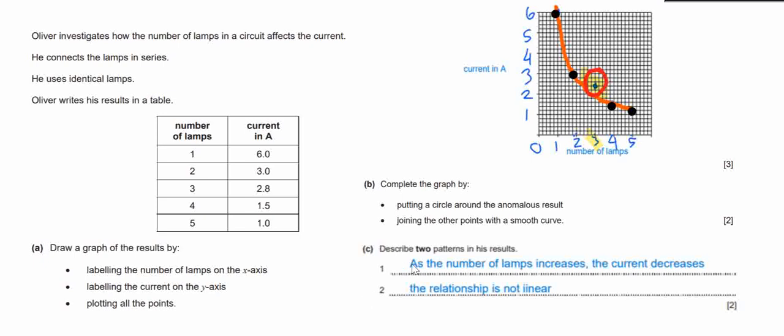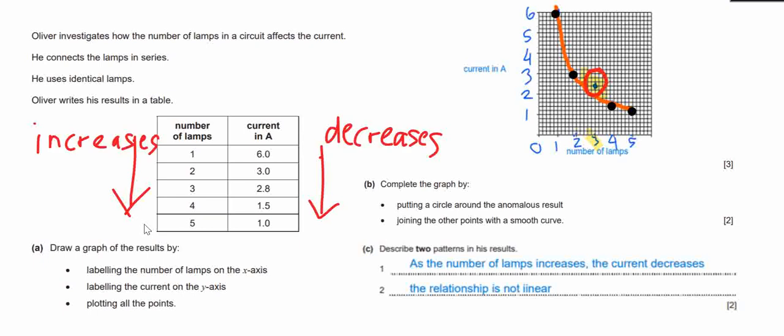Question C, describe the two patterns in his results. We just look at the table or the graph. The number of lamps increases. We can see from this table it goes up to 5, the number of lamps increases, and the current decreases. To describe the patterns from the results, we just have to analyze the data in the table.